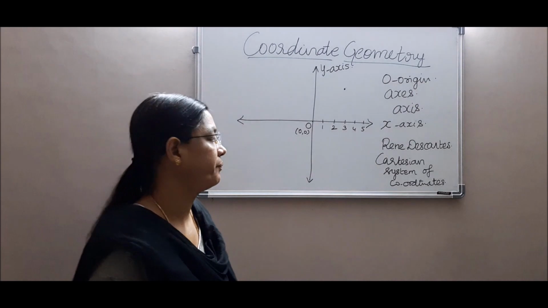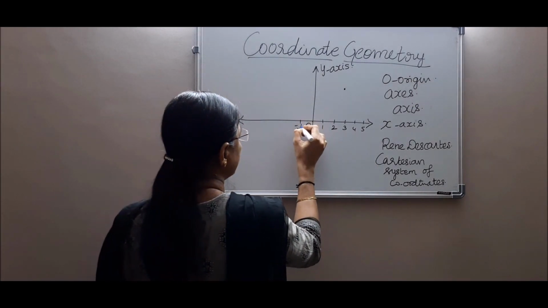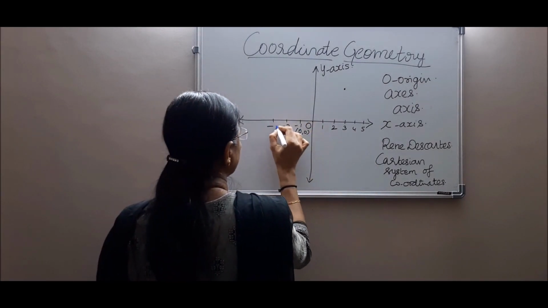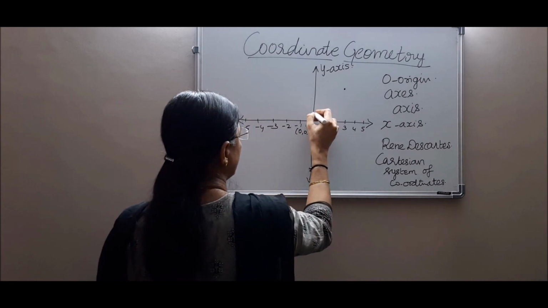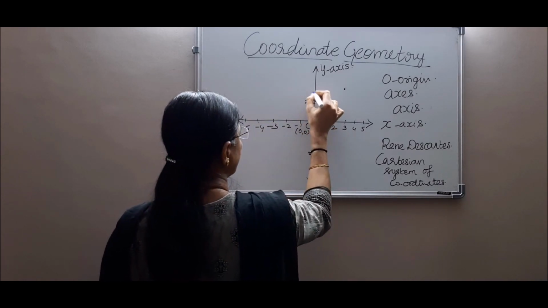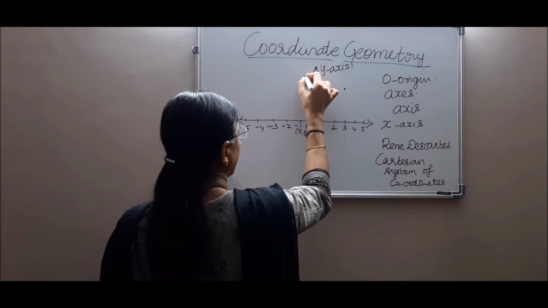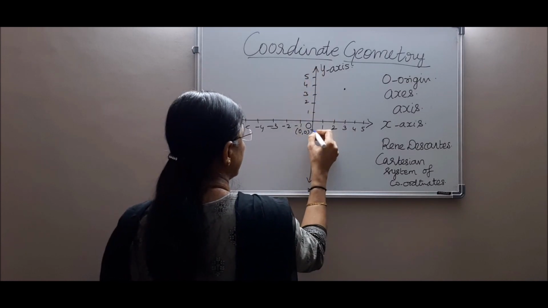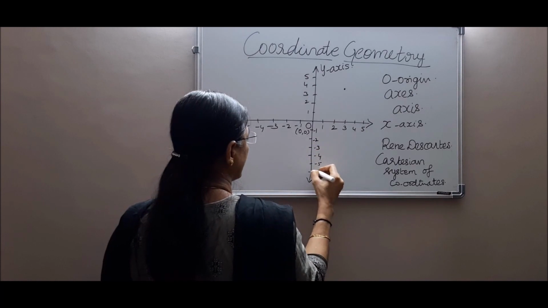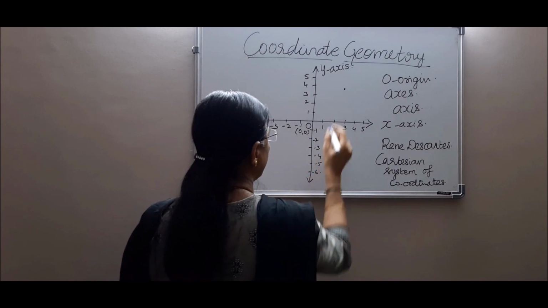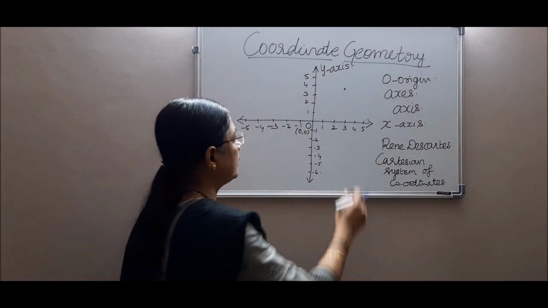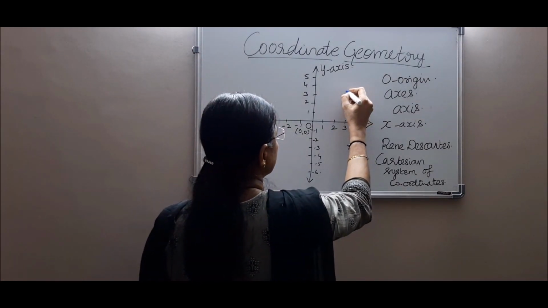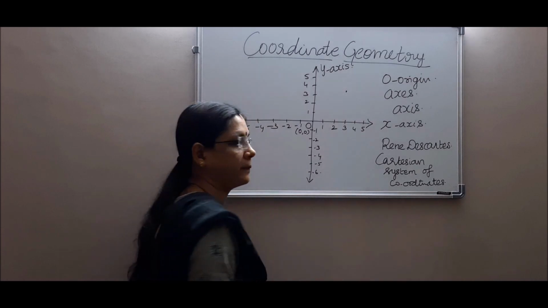Here, on this left side, are the negative numbers, -1, -2 and so on, and here we have the positive y-axis, and down we have the negative y-axis. Now how do we plot the point, or how do we find the point somewhere here in the plane?